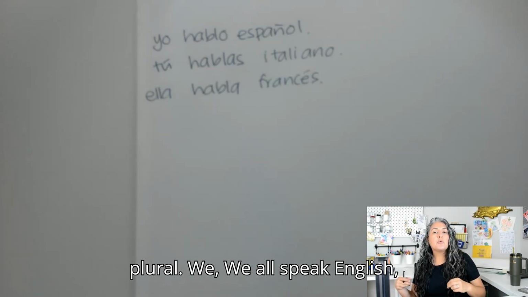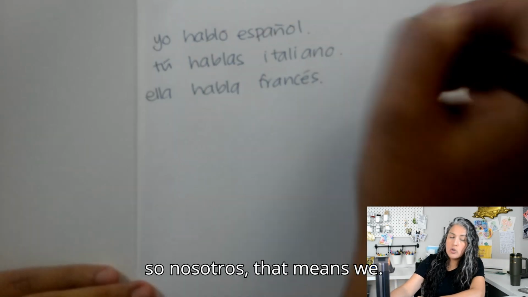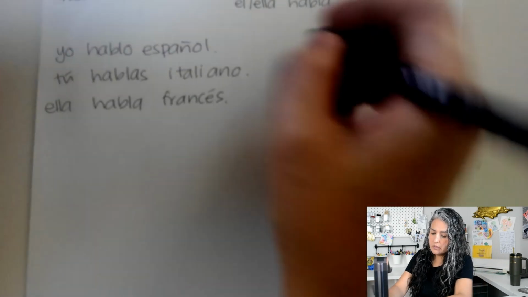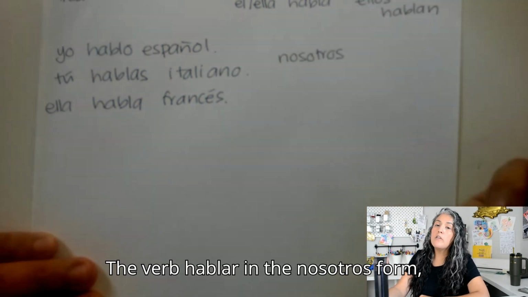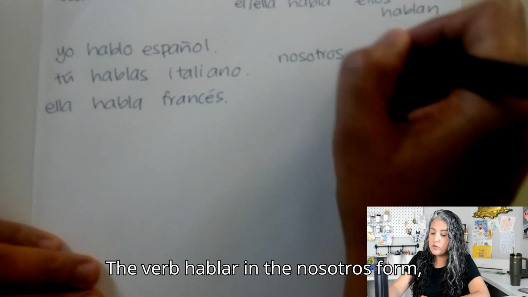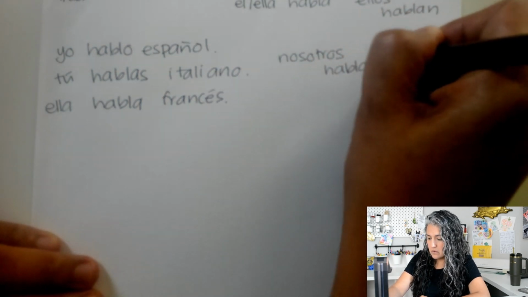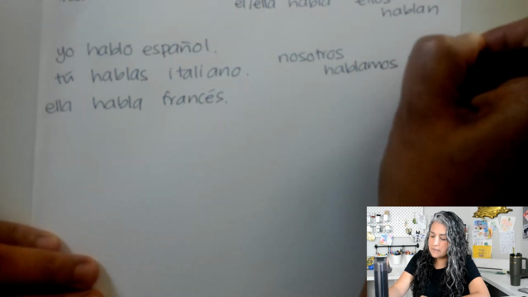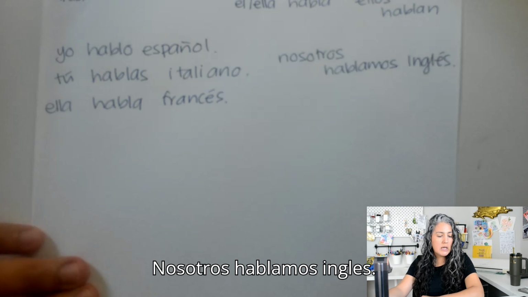Let's move to the plural. We all speak English. So nosotros, that means we. The verb hablar in the nosotros form, hablamos inglés. Nosotros hablamos inglés.